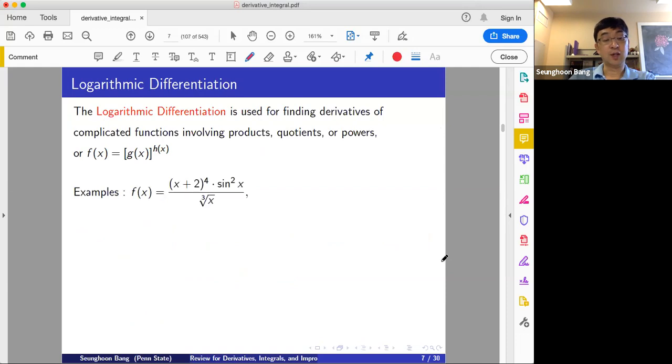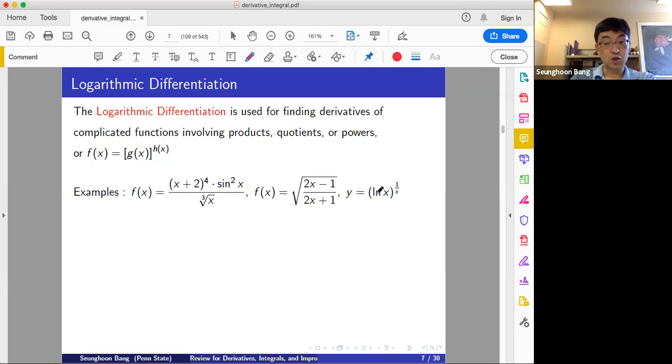One example is this one. Exactly, a complicated function with products, quotients, and powers. These kinds of things, you can use it. This one is a power of 1/2, right? Power and quotient form, you can use logarithmic differentiation.